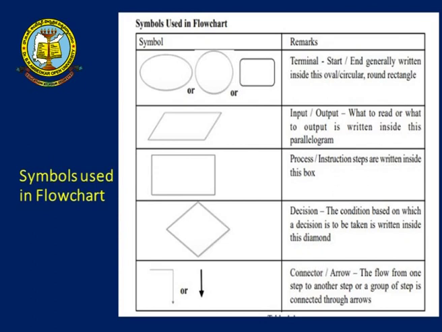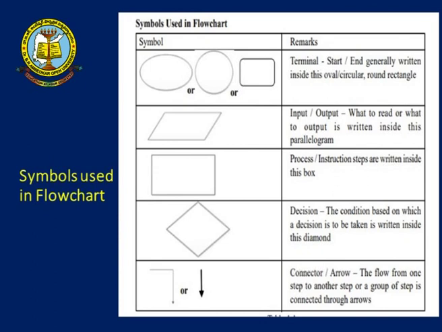To read the input, as we read the input in x and y in the previous example, and to print the values, we will use the parallelogram. And for the process, like after reading x and y values, in the fourth step we have written the addition of two numbers. That is nothing but processing, the addition of two numbers.